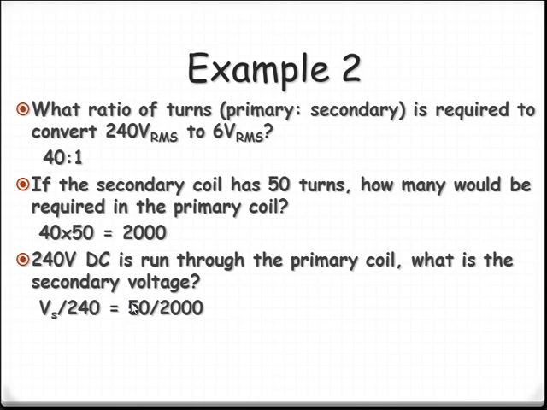Vs over 240 equals 50 over 2000. 240 multiplied by 50 divided by 2000, we get 6 volts as our secondary voltage, or our output voltage. So next one, we'll actually look at how to apply this to transmission of power and power losses in power lines. And then we are done for this topic.